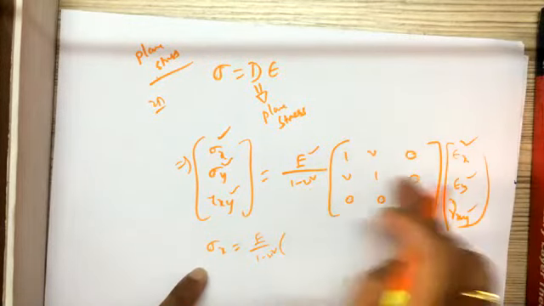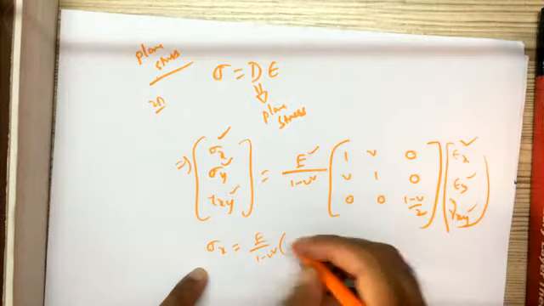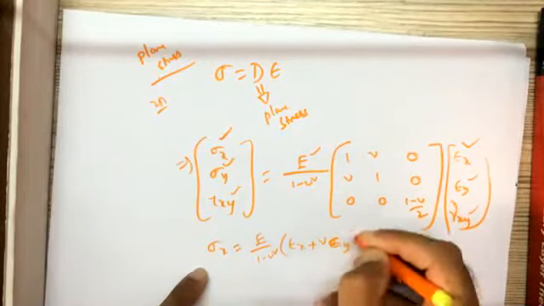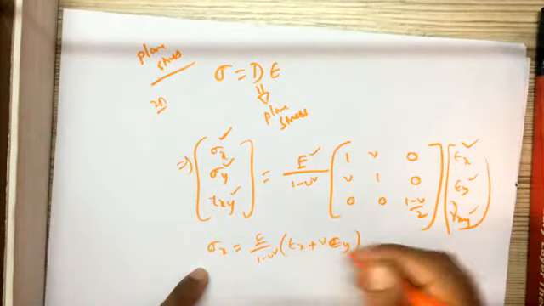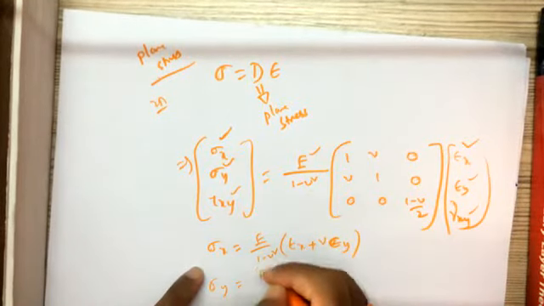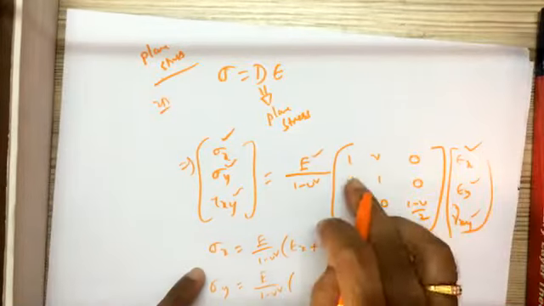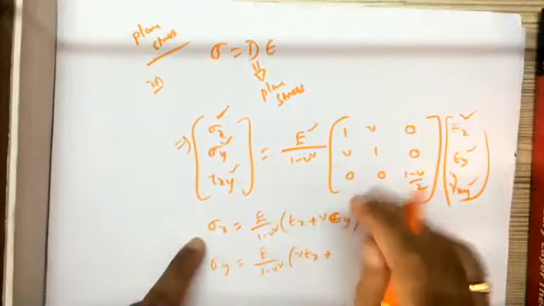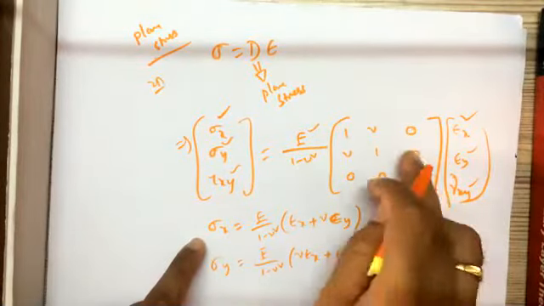I can write this as three equations. Sigma x is equal to E by 1 minus nu square into 1 into epsilon x plus nu into epsilon y plus 0 into something. Sigma y is equal to E by 1 minus nu square into nu epsilon x plus 1 into epsilon y plus 0 into something.